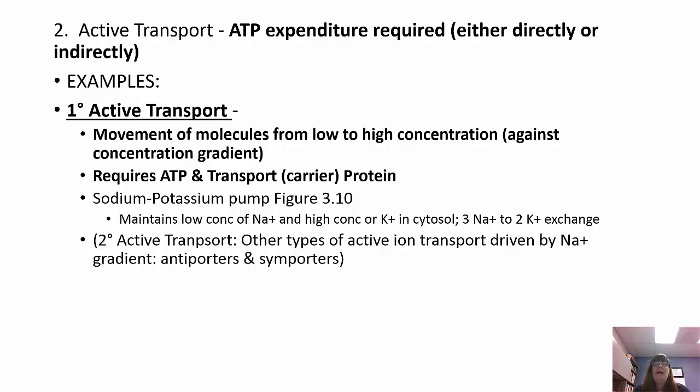So we normally have a high concentration of sodium outside the cell and a low concentration of potassium inside the cell. So what happens when an action potential occurs is sodium actually rushes into the cell. But since there's a high concentration of sodium out there already, we have to pump it back out eventually.